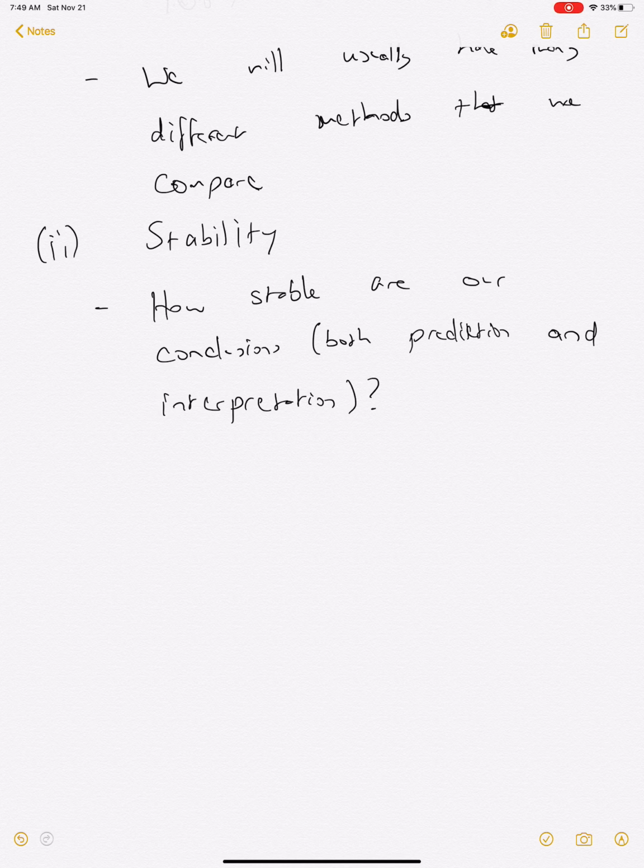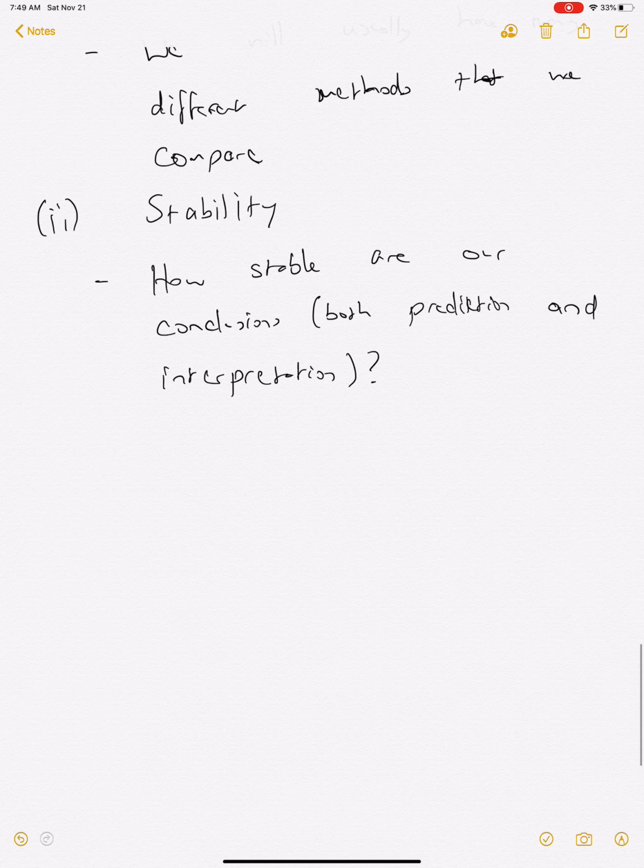You don't want your conclusions to be highly dependent on the random draw, or to change dramatically if you tweaked the data collection a little bit, because that's not very reliable.